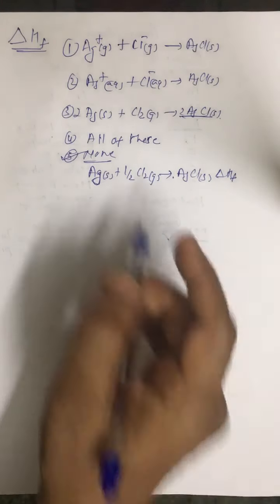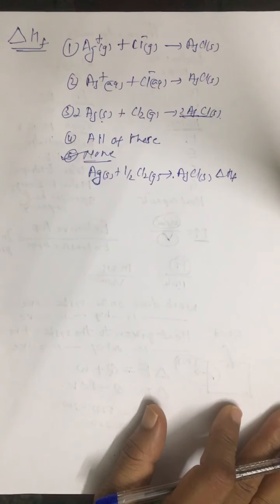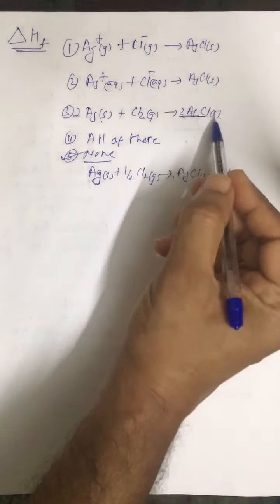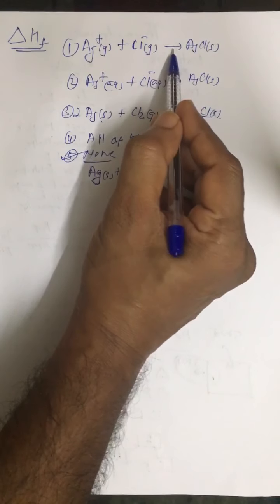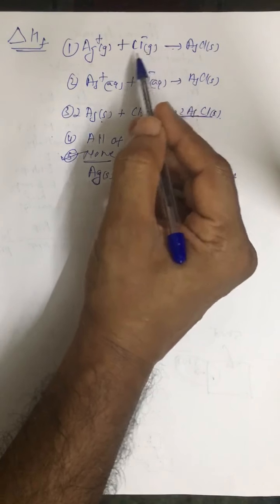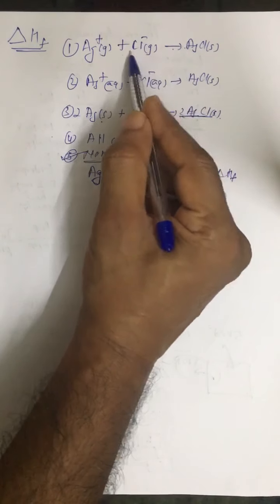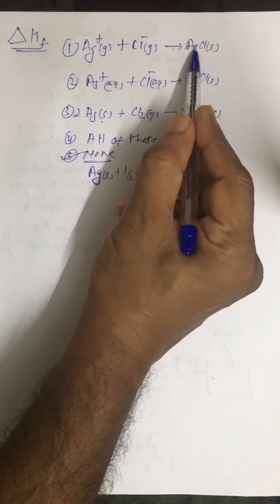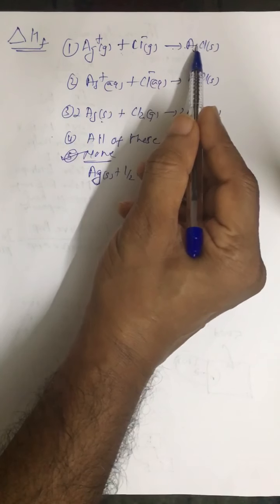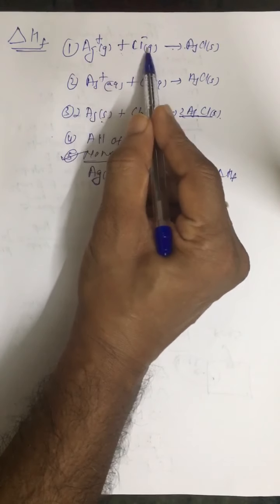In the third case, since 2 moles of AgCl are formed, we cannot call the heat of reaction the heat of formation. The first one is called lattice energy, or delta H lattice, the enthalpy of lattice. That is the change in enthalpy of a system when 1 mole of AgCl is formed from its component gaseous ions.